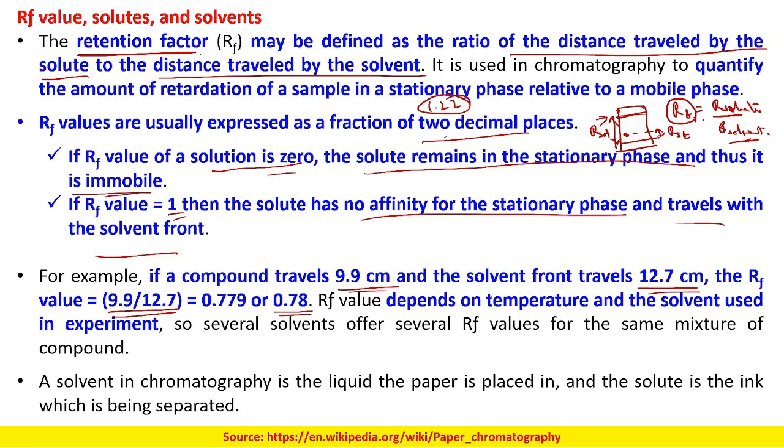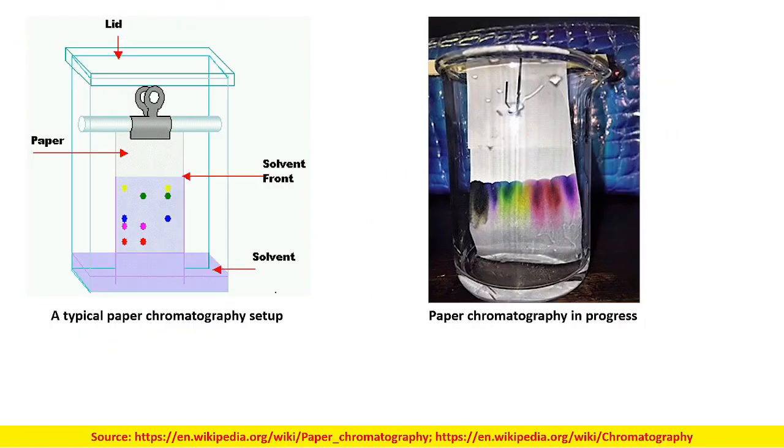Now this RF value depends on the temperature and the solvent used in the experiment. So all chromatographic techniques have to be done under specific temperatures. If you change the temperature, you will get different results altogether. So this is how a typical paper chromatography setup looks. If you see, this is the line.